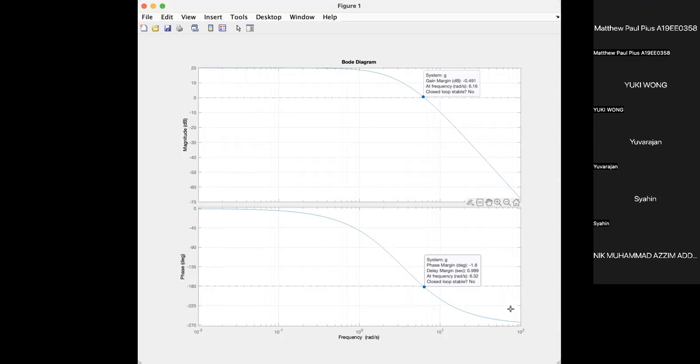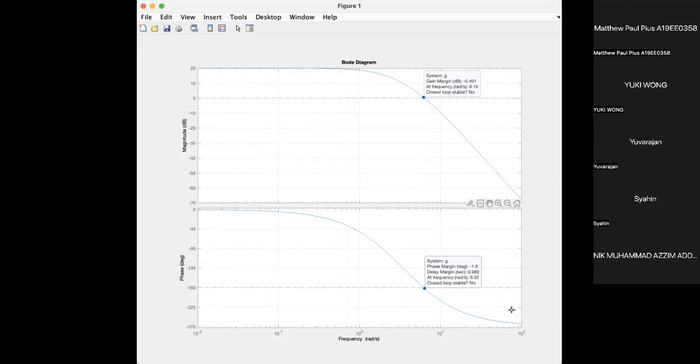Actually, we can retry these simulations so that the frequencies of omega GM and omega PM are the same. We can vary the K value until we get marginal stability, and I will discuss it in the next class.